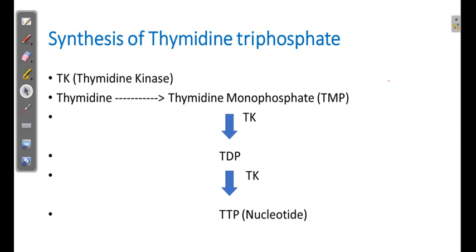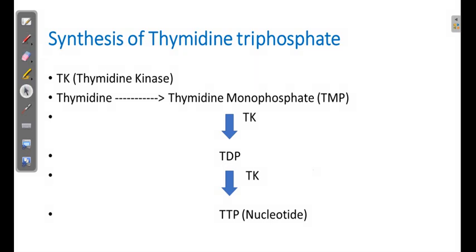It converts thymidine into thymidine monophosphate, then into thymidine diphosphate and thymidine triphosphate. That is the nucleotide. So we have adenine and guanine, which come from hypoxanthine, and we have thymine, which comes from thymidine. If you observe this reaction, we have only been able to synthesize three nucleotide bases. What about cytosine?